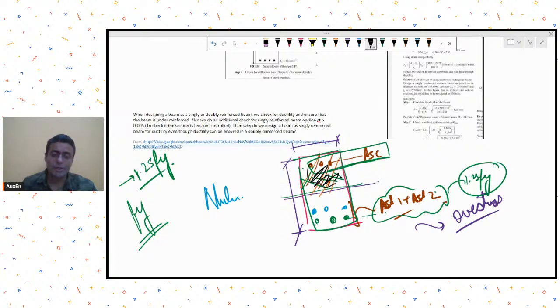So if my concrete cross section cannot take anything beyond this, it will undergo failure, and that failure will be without any warning. It will be a brittle failure, because concrete, when it fails in compression, is a brittle failure. So that is why technically we don't like to have doubly reinforced cross sections for our beams, at least when we are using them as part of lateral load resisting systems. We will try and avoid them.